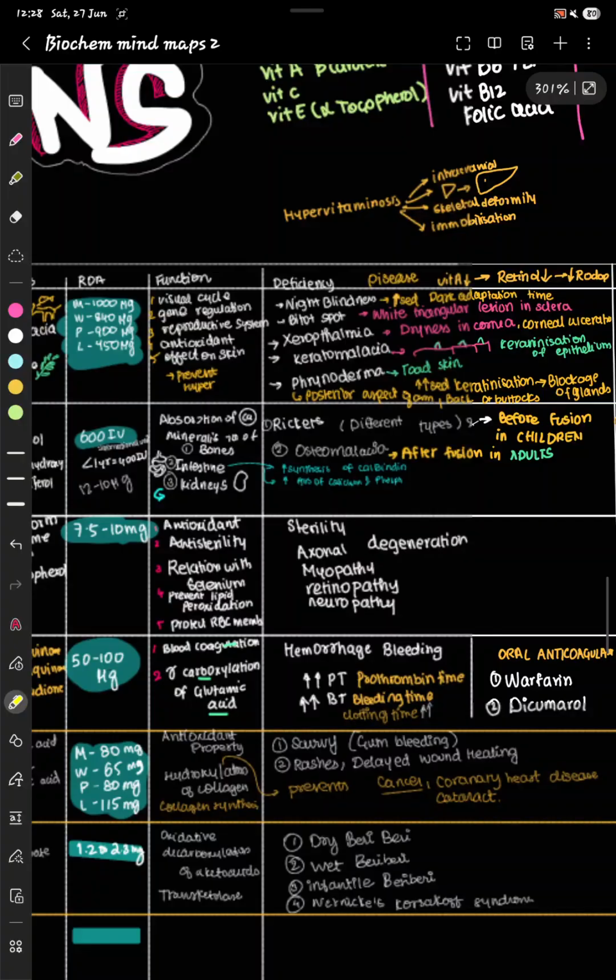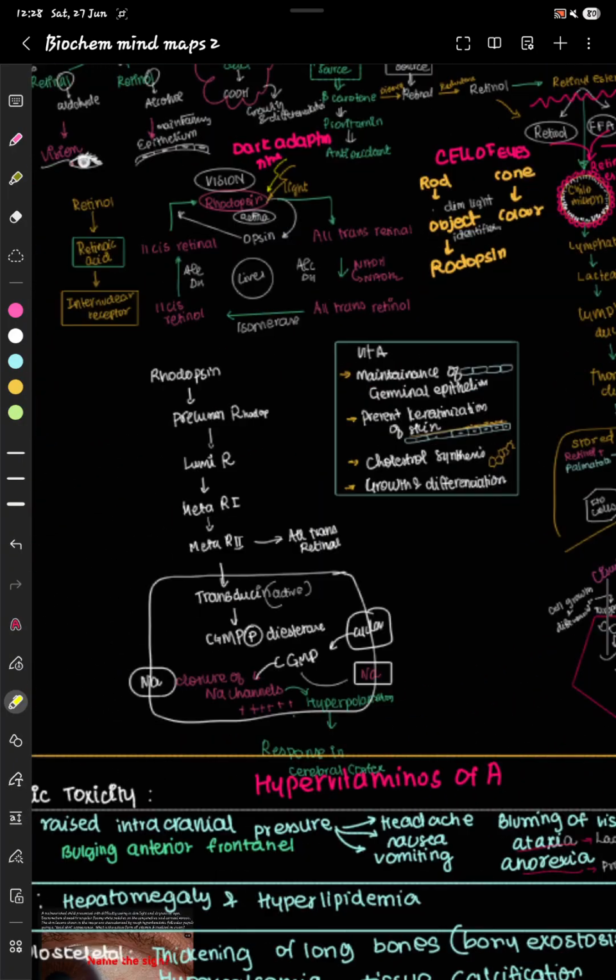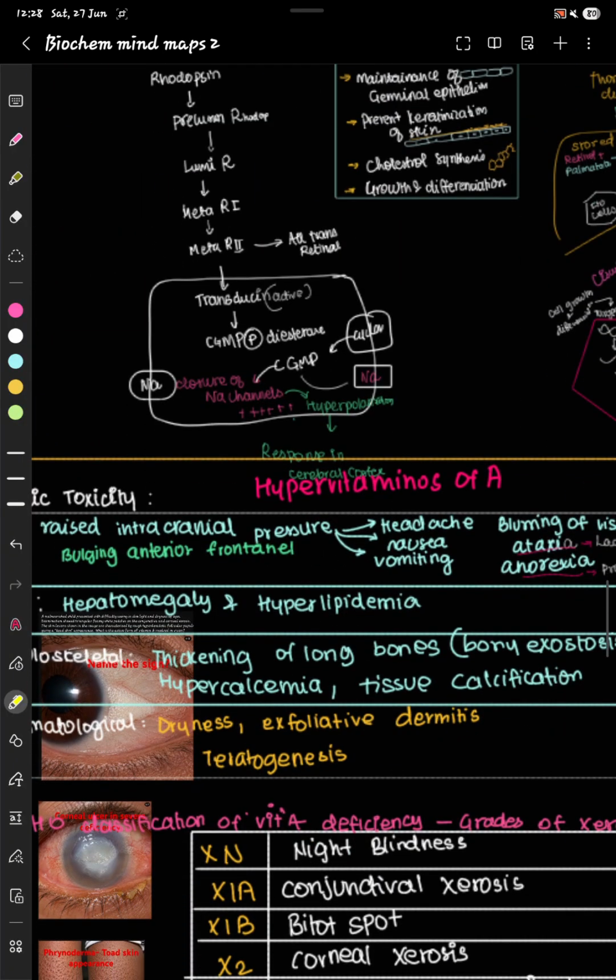There were also symptoms of anorexia, hyperlipidemia, liver enlargement, hepatomegaly, thickening of long bones, dryness, exfoliative dermatitis, and teratogenesis. All of these are symptoms of hypervitaminosis of vitamin A.